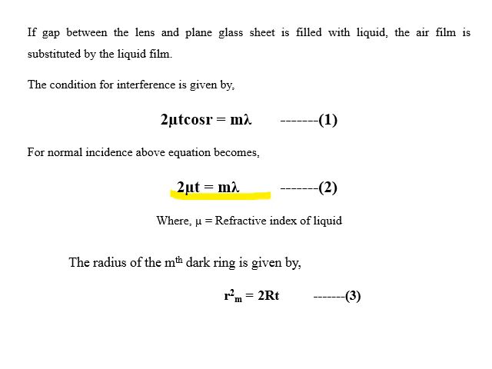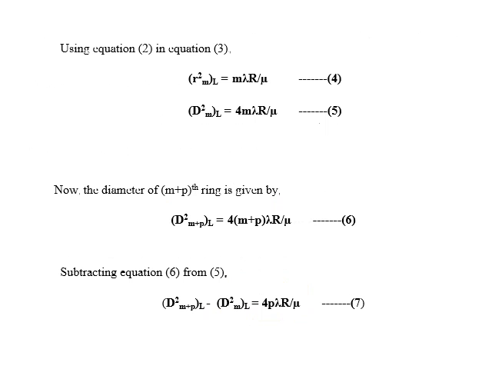Now we consider the radius: r square m is equal to twice Rt, that we have already seen. So using equation 2 in equation 1, r square m of liquid is equal to m lambda R by mu. Then if diameter is taken, it will be d square m is equal to 4m lambda R by mu.